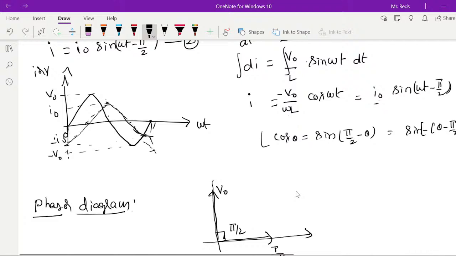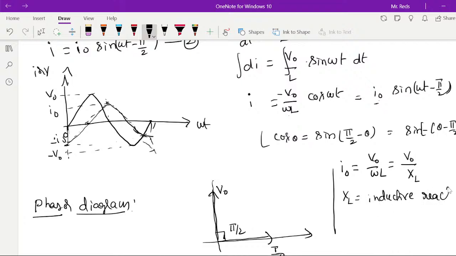So here you have to add a point, that is where I naught is equal to V naught by omega L. From Ohm's law, current will be equal to potential by resistance or resistance-related term. In an AC circuit, especially a pure inductive circuit, the resistance term will be taken as XL. We call it inductive reactance. So V naught by XL we will take. Here XL is called inductive reactance.